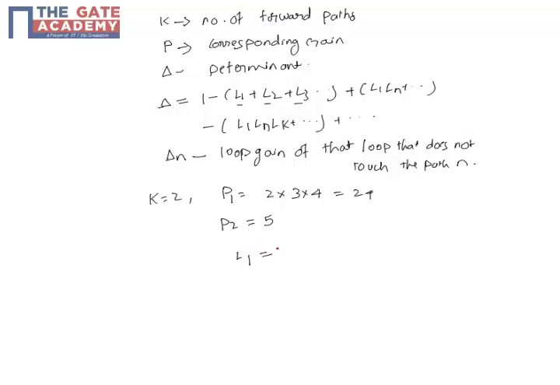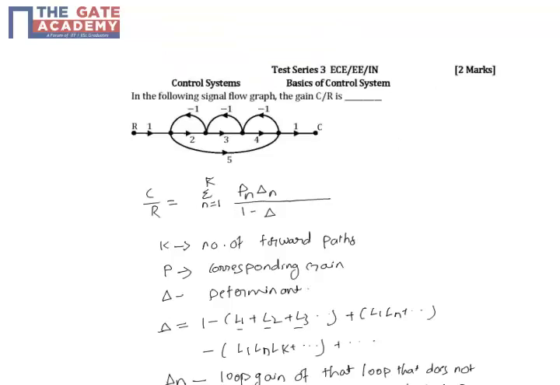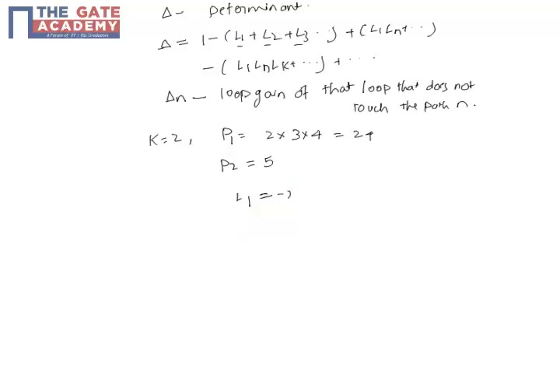L1 is the loop gain of this particular loop, which is 2 into minus 1, which is minus 2. Similarly, L2 will be minus 3, L3 will be minus 4, and L4 will be minus 5.